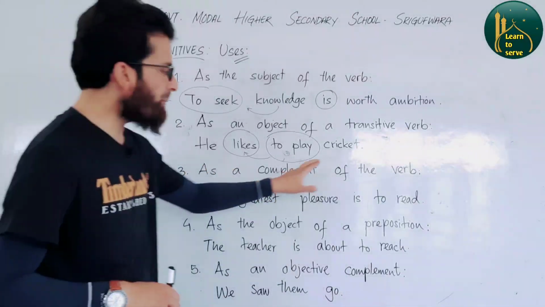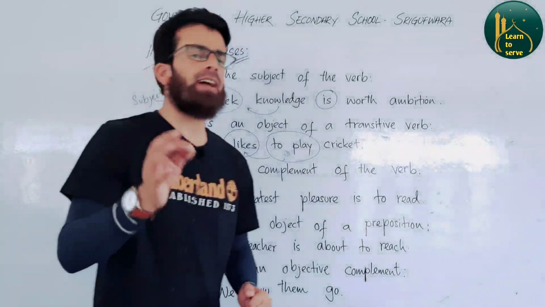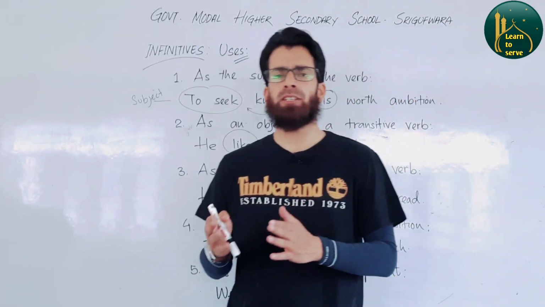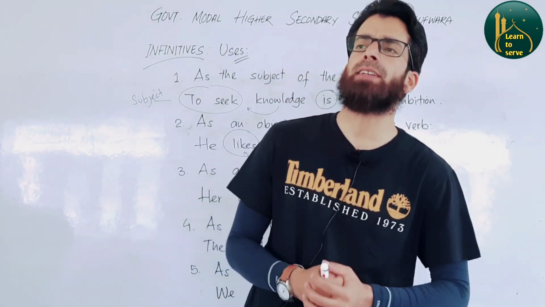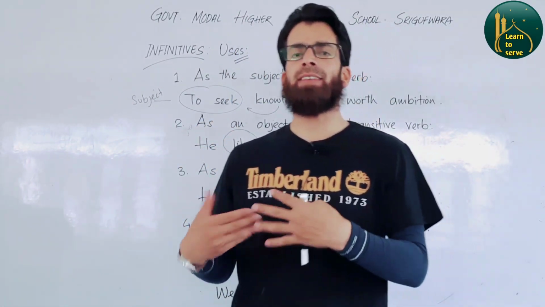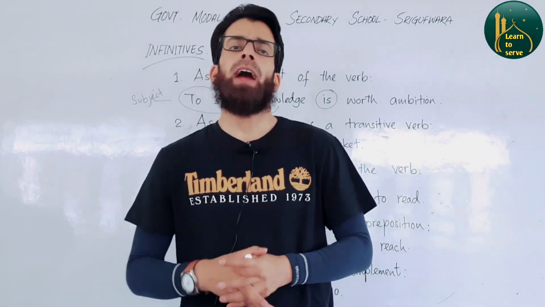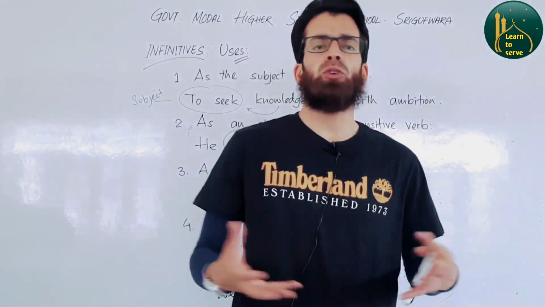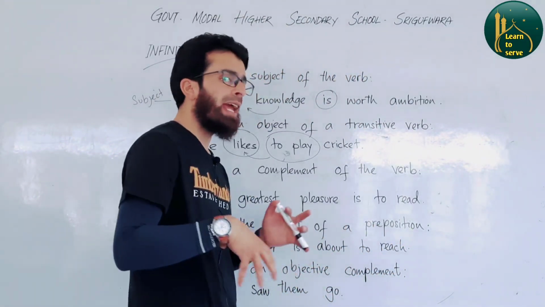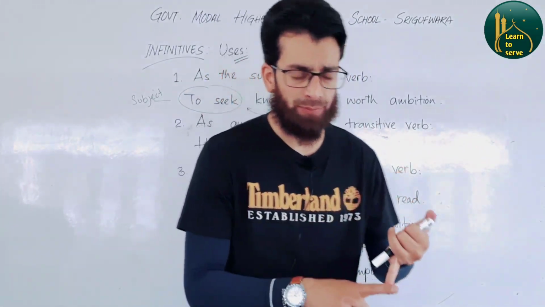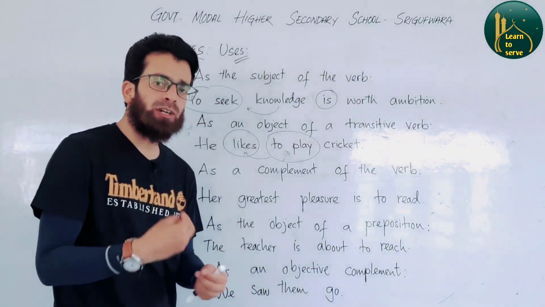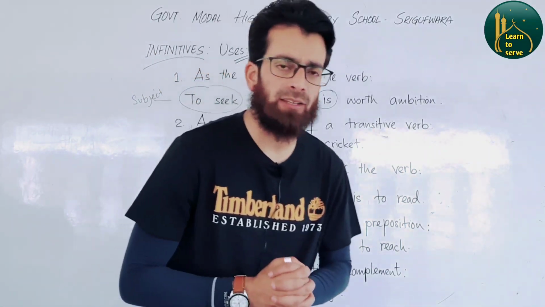As a complement of the verb, my dear students, let me remind you that generally a subject and a predicate complete a sentence. If I say "I teach", then "I" is the subject, "teach" is the verb, and the verb comes in the predicate, so the sentence is complete. But there are certain sentences where we have a subject, a predicate and a verb, yet that verb does not complete the predicate of the sentence.